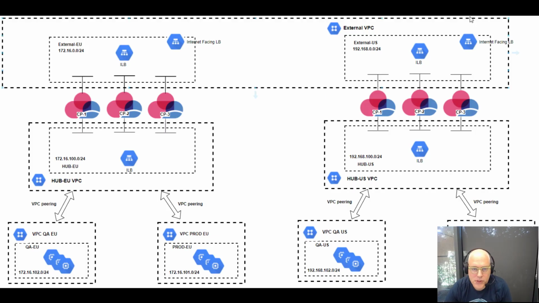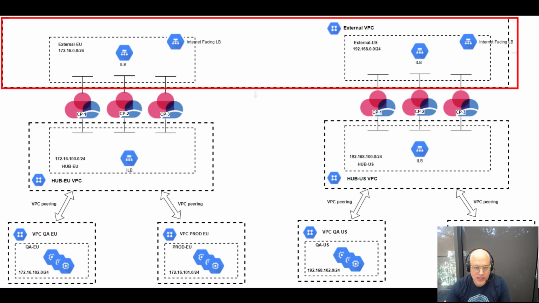So now we are good with the routing on the CloudGuard side. Every new instance that will be deployed in each one of the regions as part of the MIG will get its own routes. So the last step is to configure the routing on the external VPC.